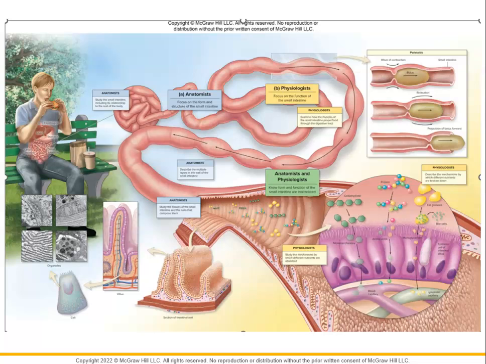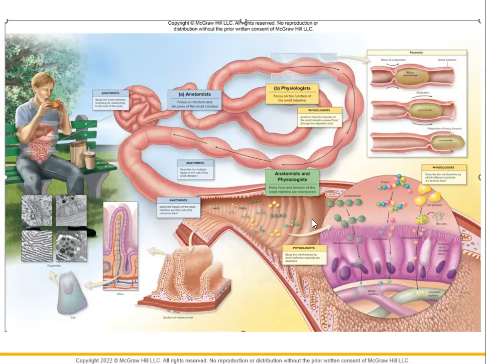We can't use cow muscle. We use our mouth and our teeth and all that to break it down, but we've got to break it all the way down into its tiny little chemical components so that we can utilize those. And that action of how that occurs would be studied by the physiologist. Also, the physiologist would be looking at how those nutrients are absorbed across the walls of the intestine and then get out to the body cells that need it.